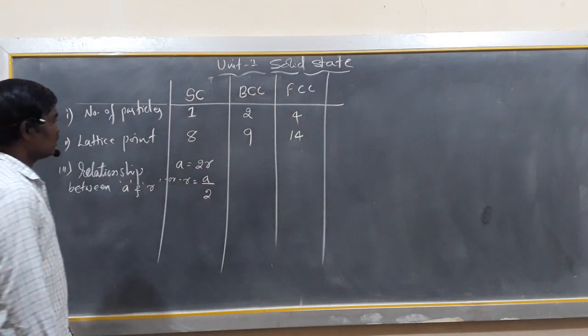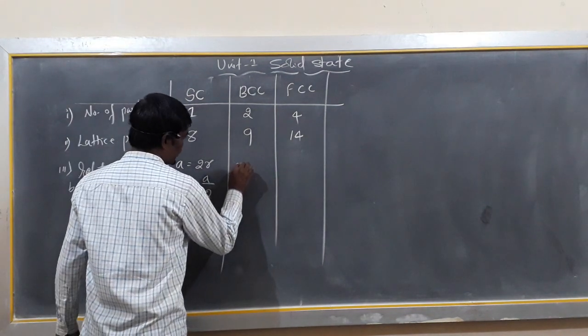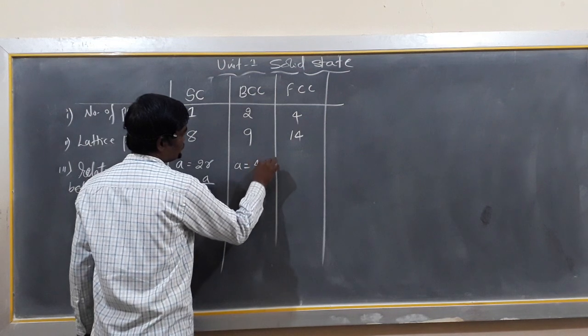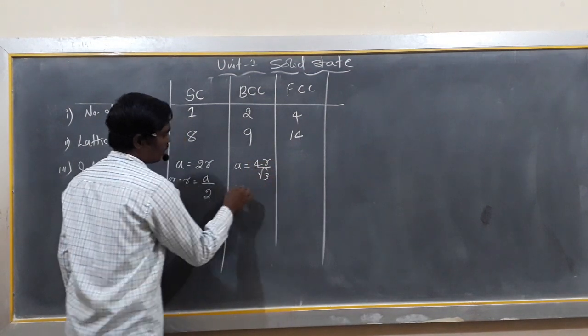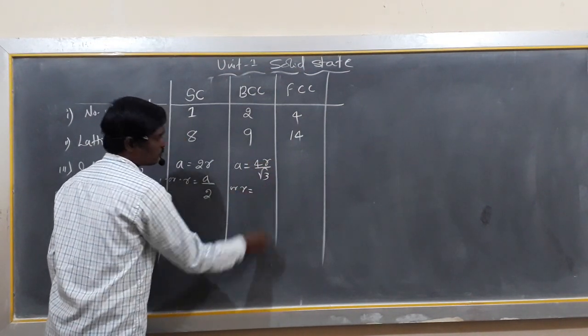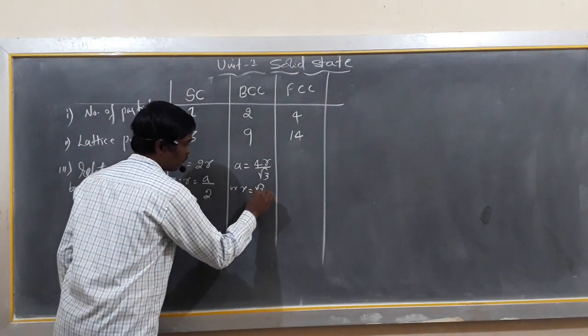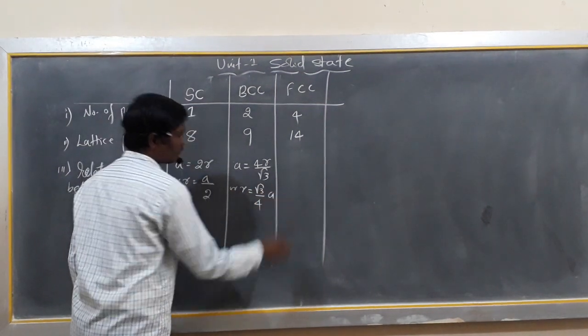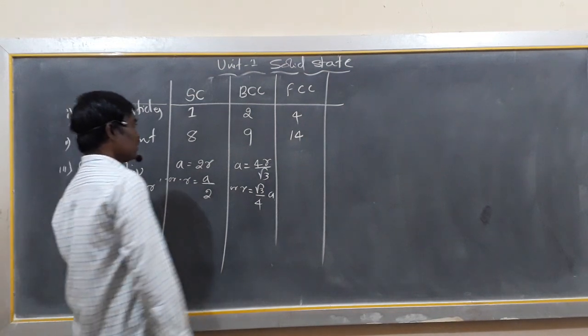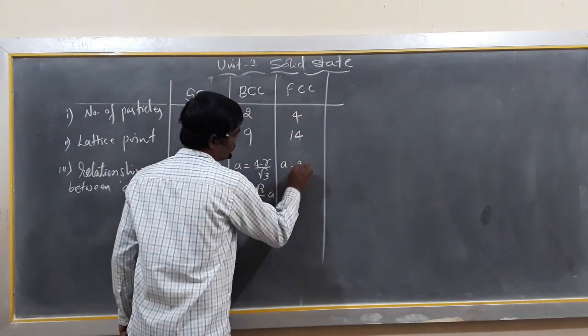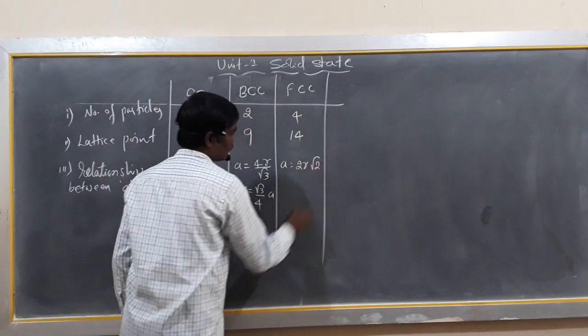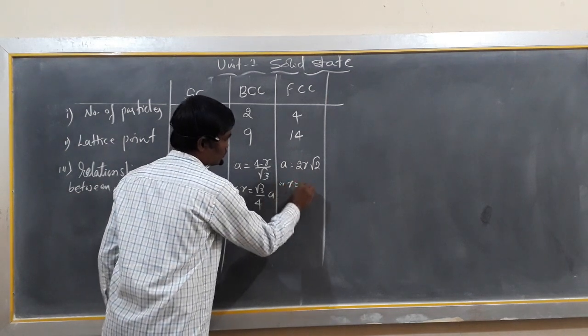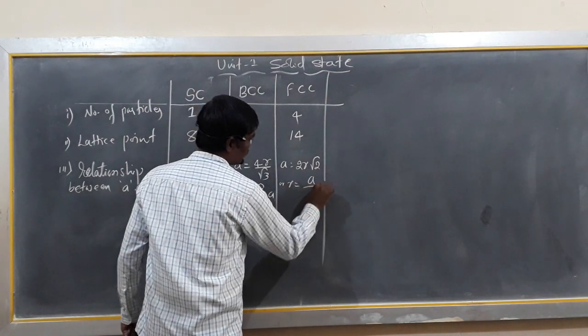In BCC, the edge length a is equal to 4r by root 3, or r equals root 3 by 4 into a. And in FCC, a is equal to 2r root 2, or r equals a by 2 root 2.